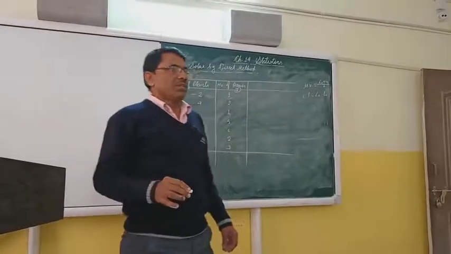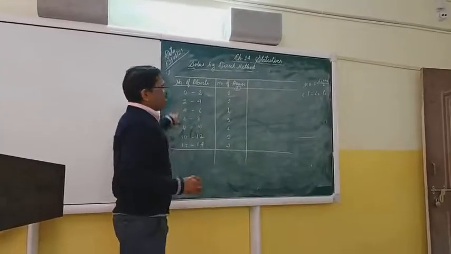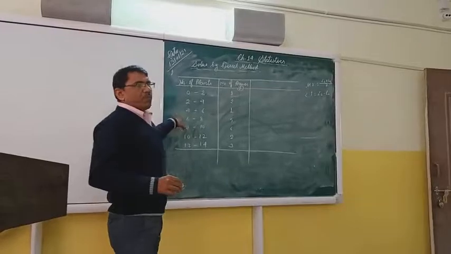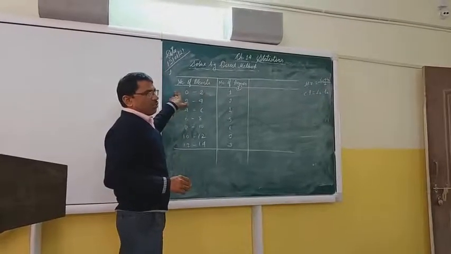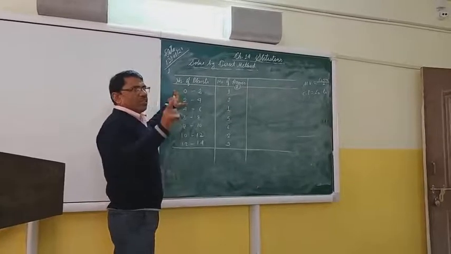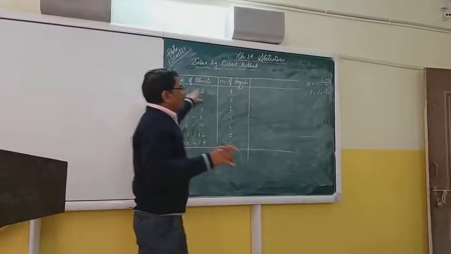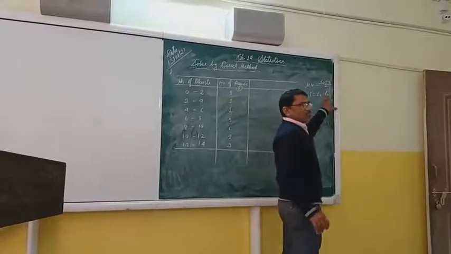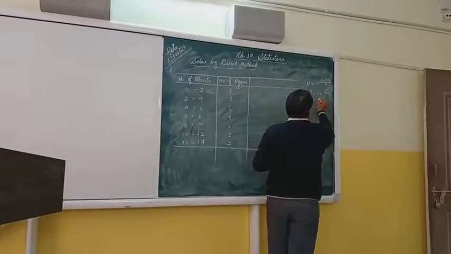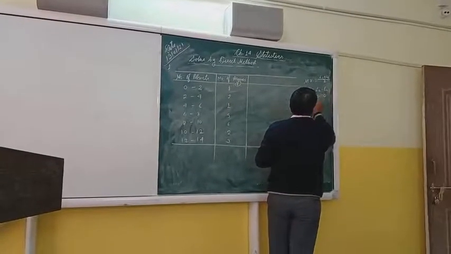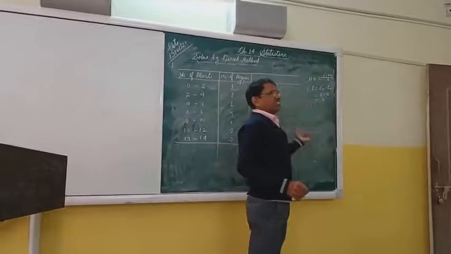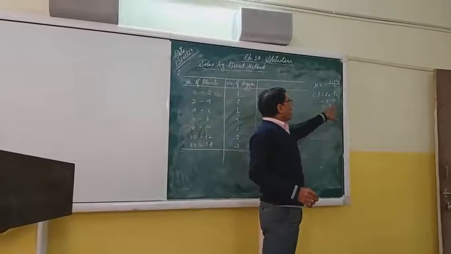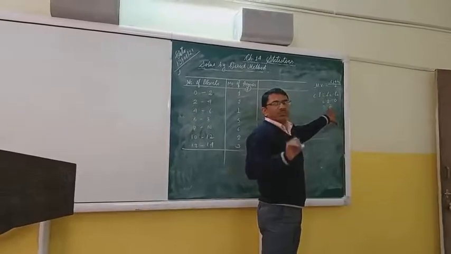In every class, the class interval is the same. Upper limit is 2, lower limit is 0, so 2 minus 0 is equal to 2. This 2 will come in each and every class. Got it?